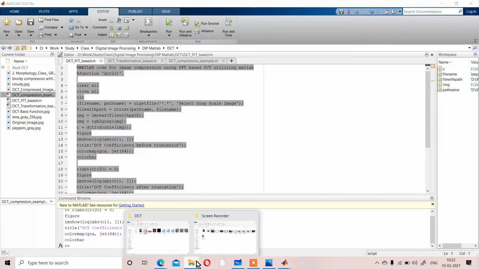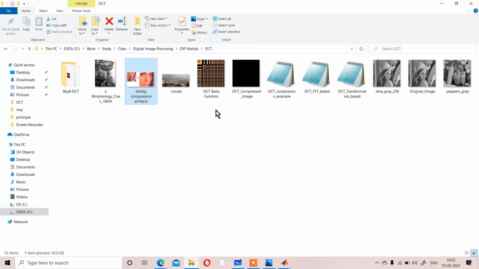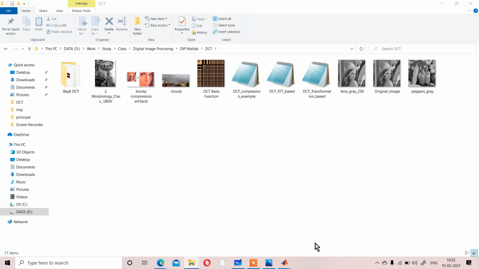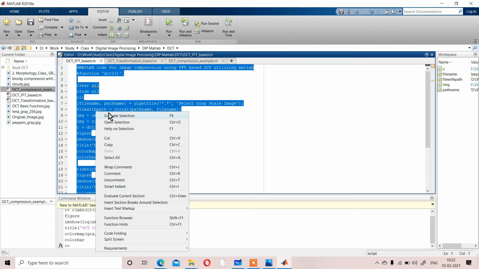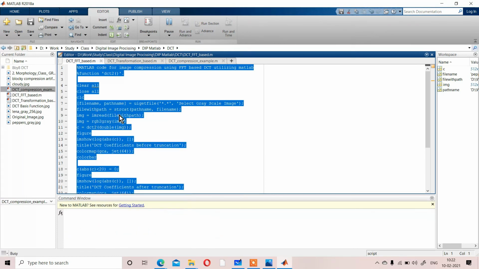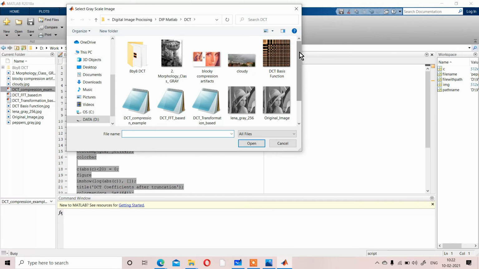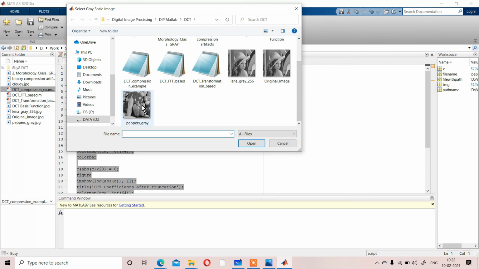Before running that code, now we are simply running the overall code. We are considering the Peppers gray level image.